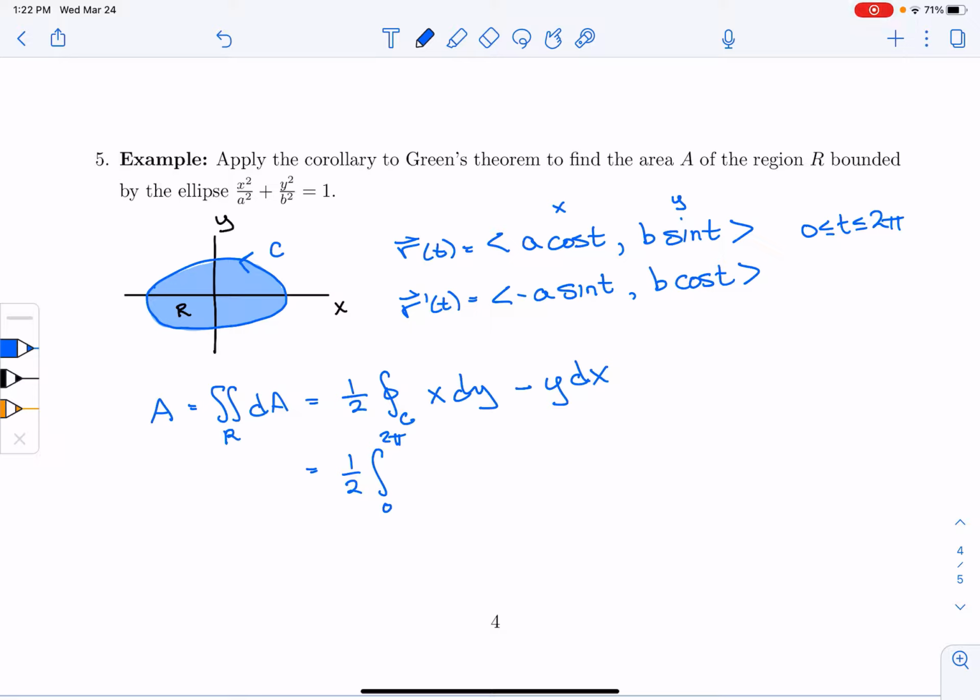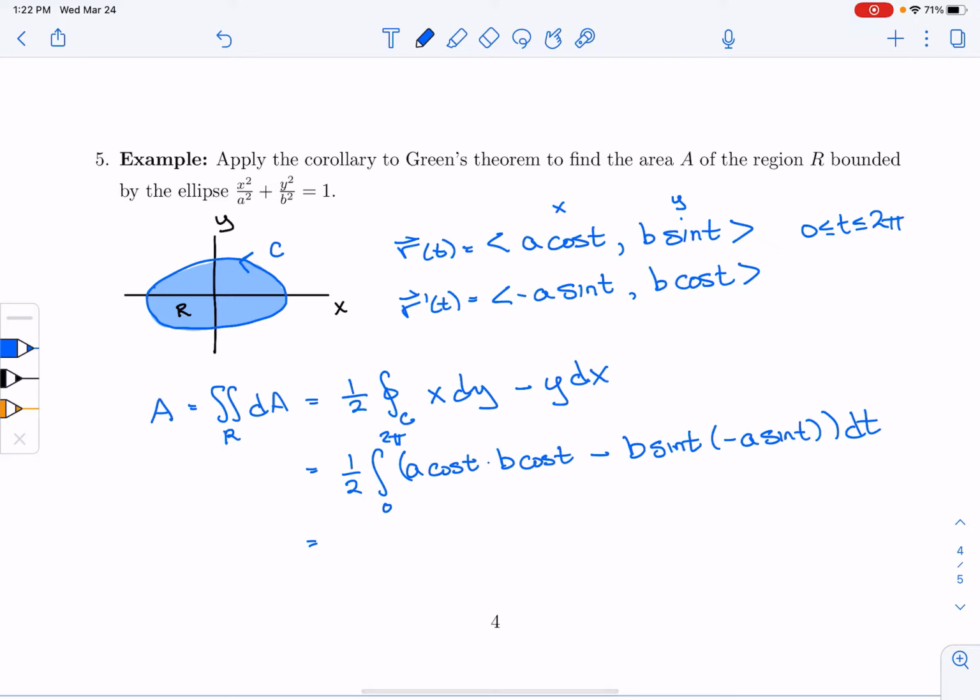Then x is going to be a cosine t. dy, in this case, is going to be b cosine t. And then I'm going to subtract y, which is b sine t, times dx, which is minus a sine t. I'm going to integrate that dt.